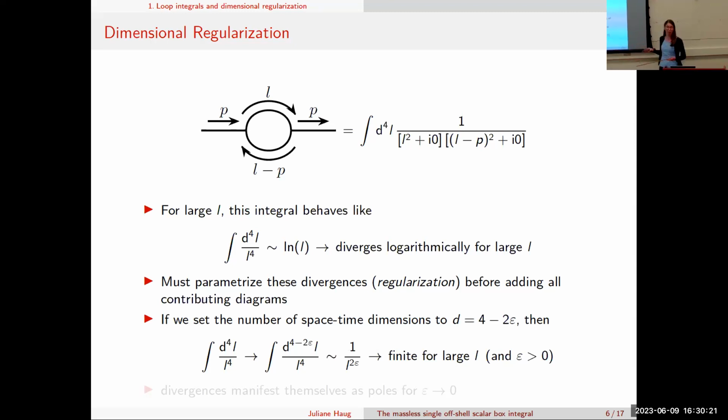So we've parameterized the divergences, and they will manifest themselves as poles for epsilon to 0. We first parameterize all of our divergences, and then once we add all our contributions from various diagrams, we hope that these infinities vanish. And yeah, we can deal with this.